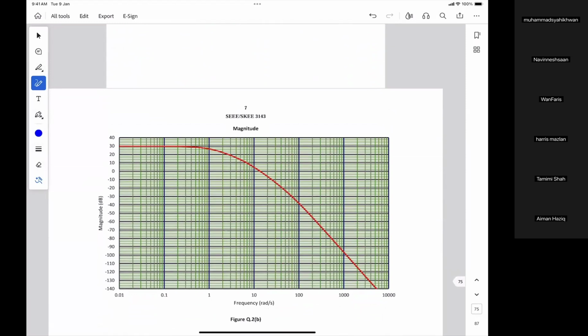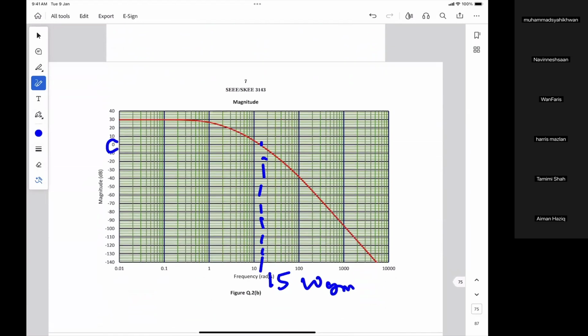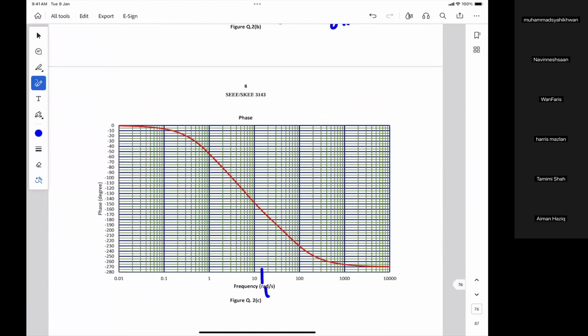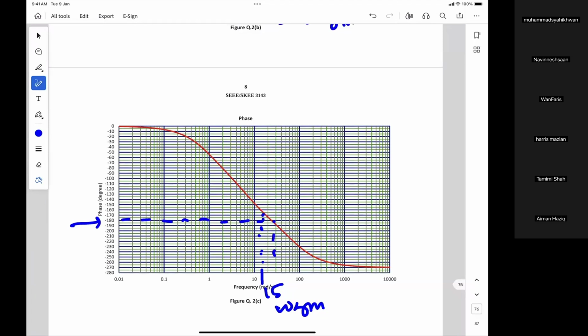So we find the gain margin at plus 0. It's about here. 10, 20, 15. Omega GM is 15. Then omega PM is 25.